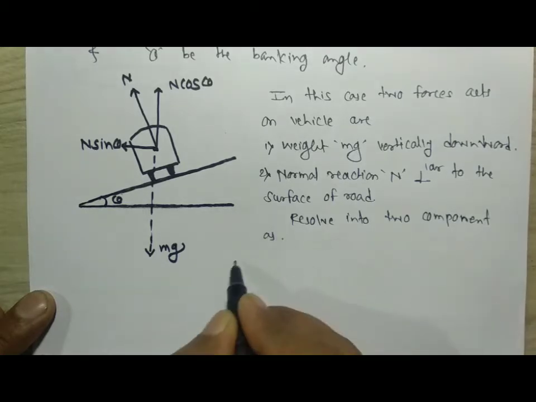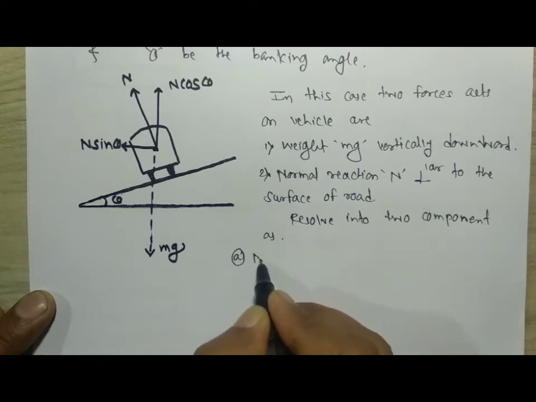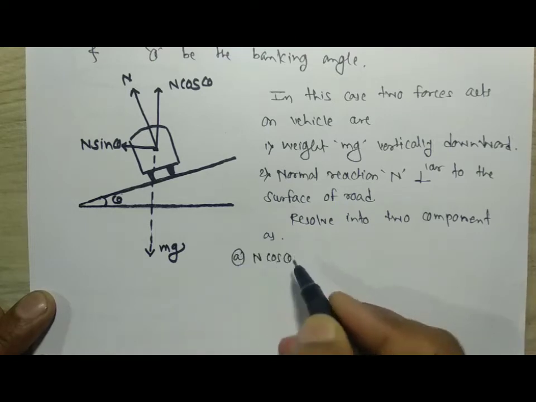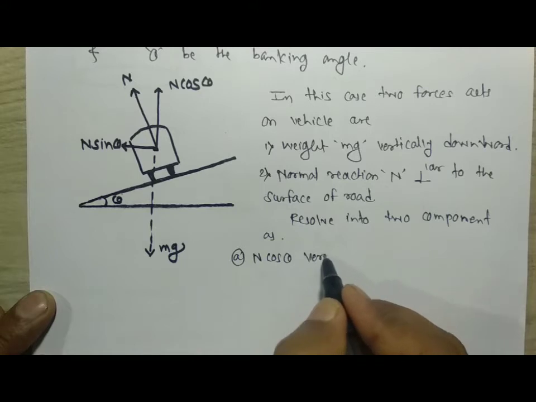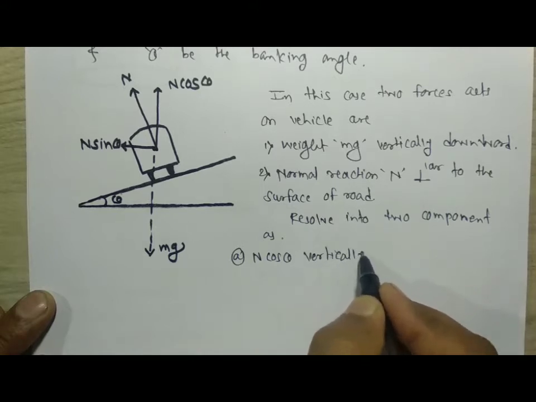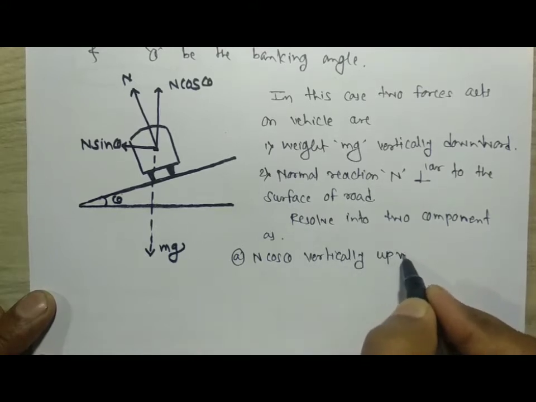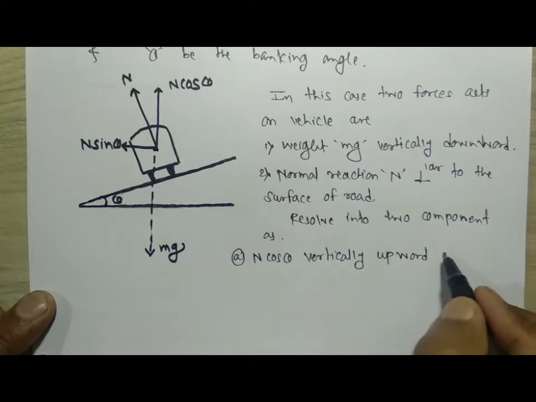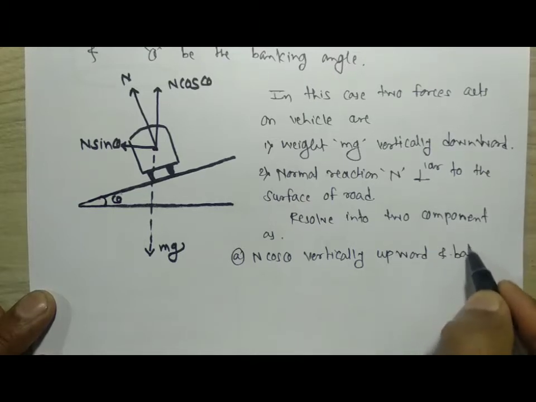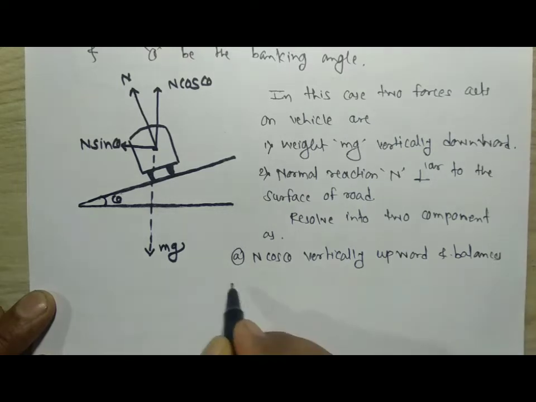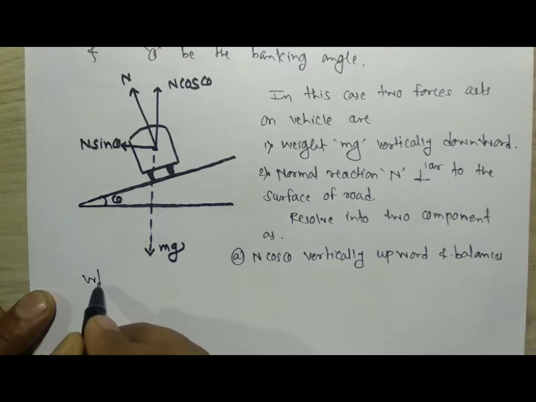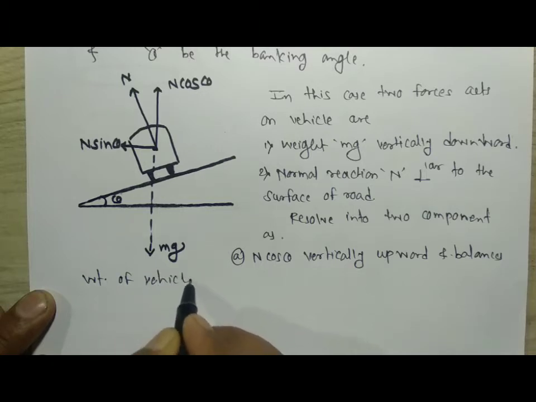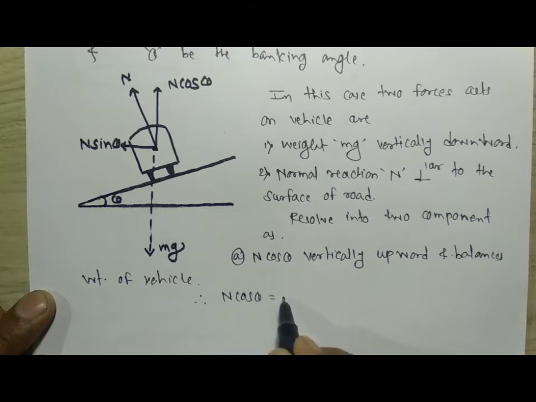The first one is N cos theta, vertically upward, and it balances the weight of the vehicle. Therefore N cos theta is equal to mg. That is equation 1.